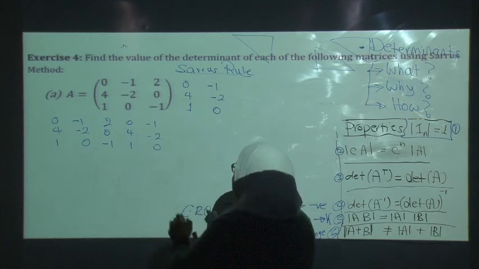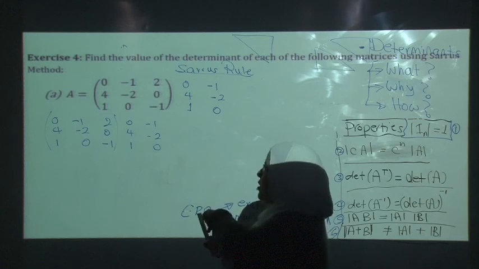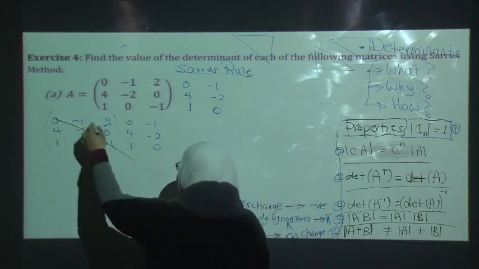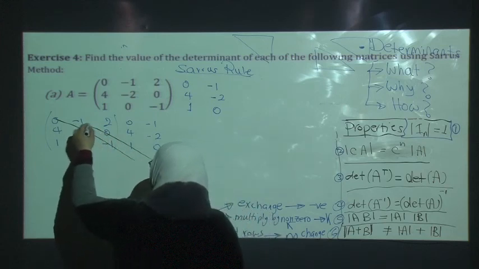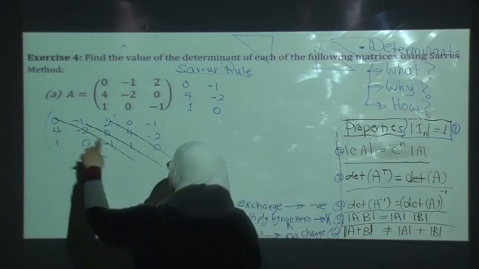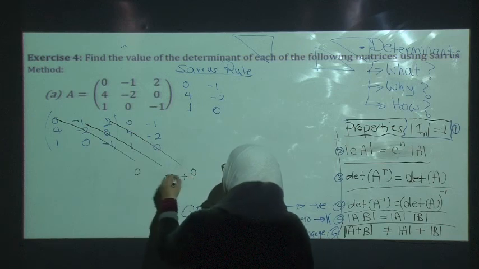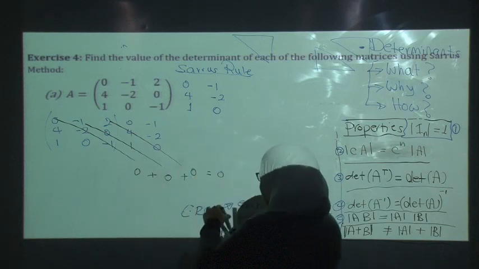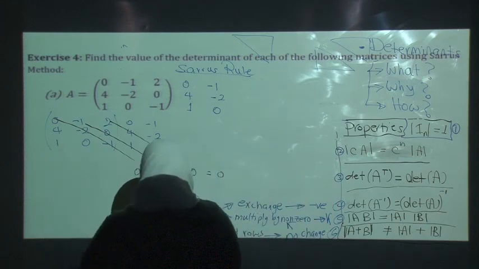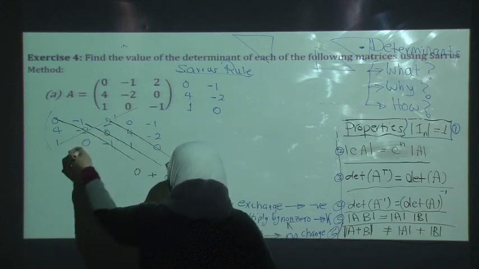What we are going to do is, this was our matrix. We are going to get the products of the diagonal elements, these diagonal elements as well, and these diagonal elements. We get the products, 0 times whatever is 0, 0 times whatever is 0, 0 times whatever is 0, and we find the sum. And then we do the same in the opposite direction, starting from this one and getting that diagonal.